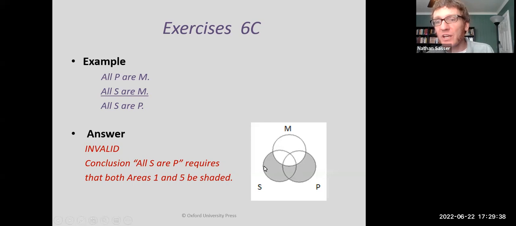We would have to have shaded out not only this part of S, but also this part of S, because all the S's are P, and these S's are not P. So this is not valid because the premises didn't necessitate the truth of the conclusion. It could still be false. So that's how you use these Venn diagrams. I've done a lot more examples in another video, so I'll leave you to that.